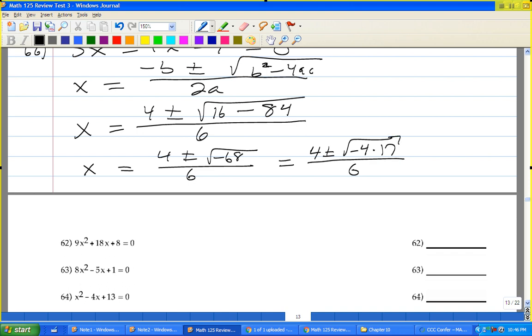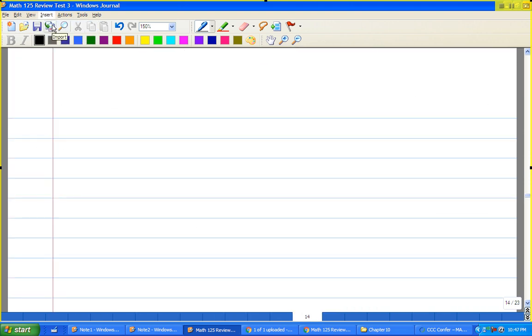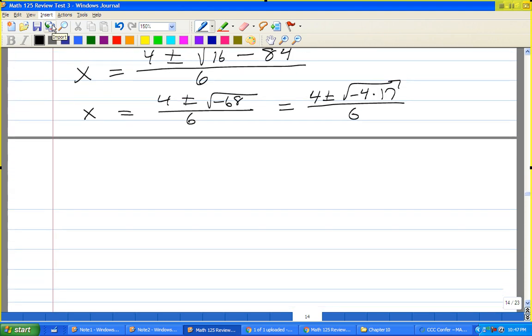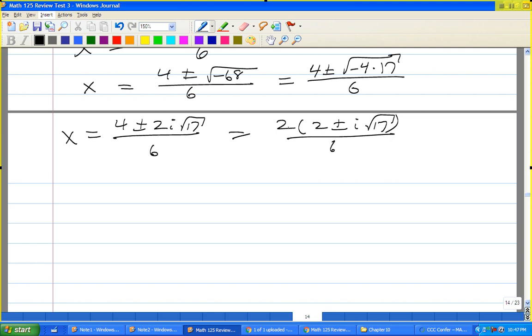Let me add another page. Okay, so this is equal to 4 plus or minus the square root of negative 4 is 2i, times rad 17 over 6. I can factor out a 2 from every term. So if I cancel, I'll just get 3 on the bottom. So it'll be 2 plus or minus i rad 17 over 3.